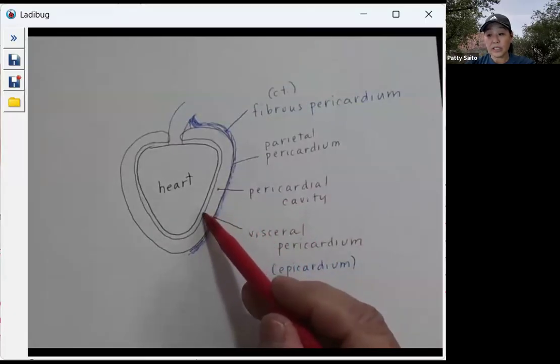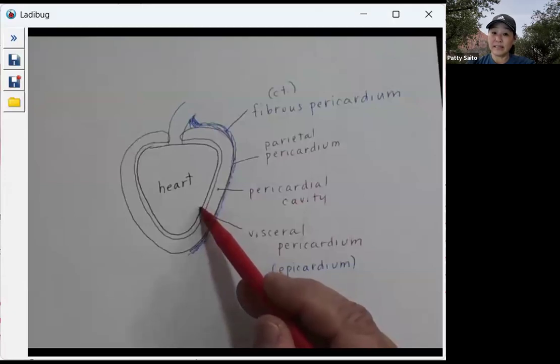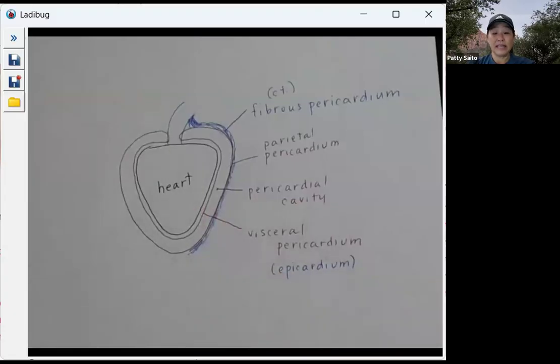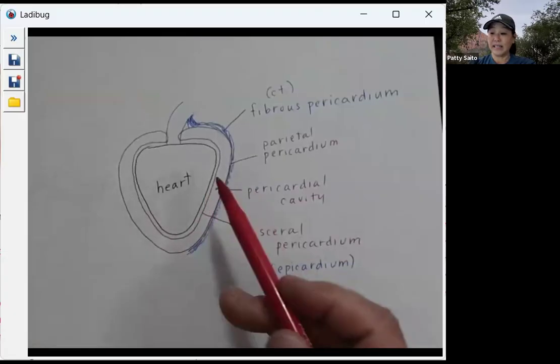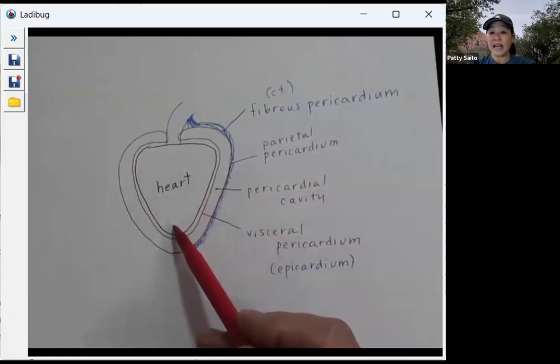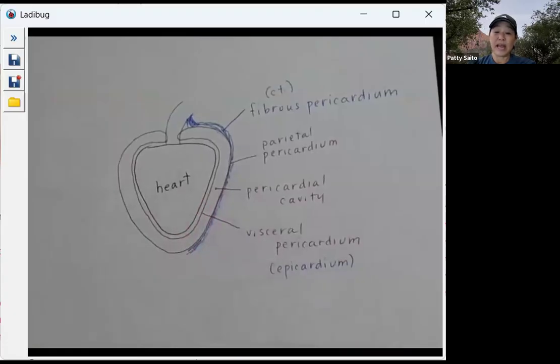And we haven't even gotten to the heart yet, because then we're going to get to the heart muscle called the myocardium. Myo means muscle, cardiac means heart, so myocardium is the heart muscle, the cardiac muscle. And then there's an inner lining called the endocardium. Endo means within. So when you see the word cardium, you know you're talking about the heart.